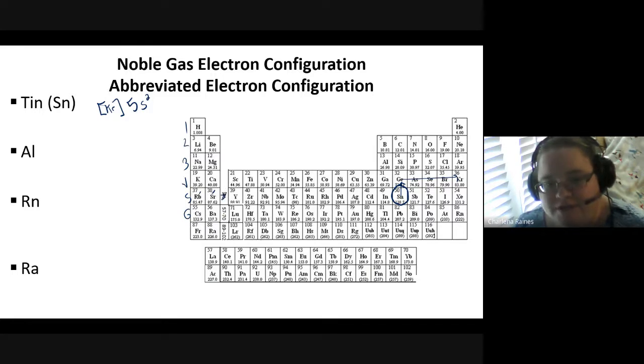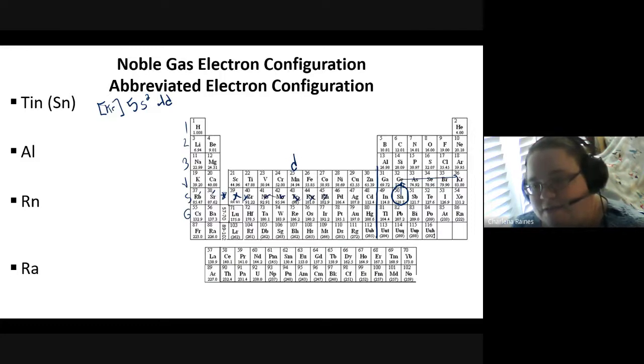There are no inner transition metals between 38 and 39, so I'm going over to my D block, and I have to remember that it's 1 less, so it's not 5D, it's 4D, and I count my Ds. Now remember that the Ds stop right here, so it is a total of 10 elements.